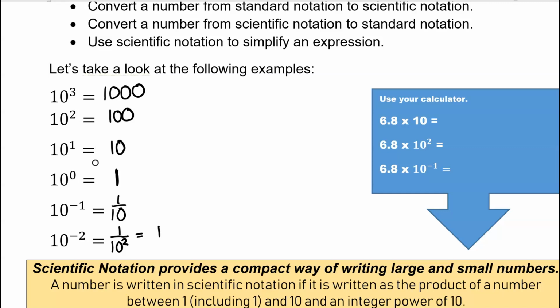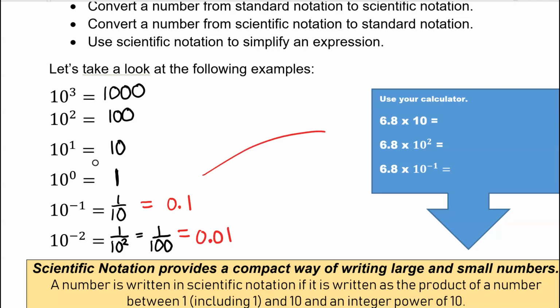And we know that this is 1 over 100. Now, I'm going to take a step further with the last two examples. Let's put these in decimal form so you would know what 1/10 means. As a decimal, 1/10 is 0.1. And what about 1 over 100? Well, that is 0.01.